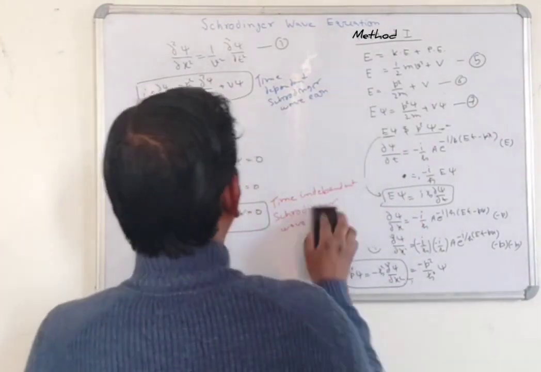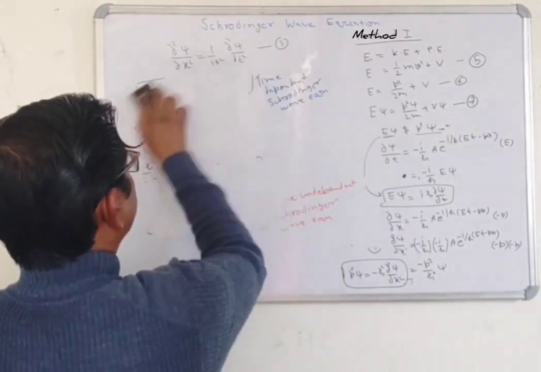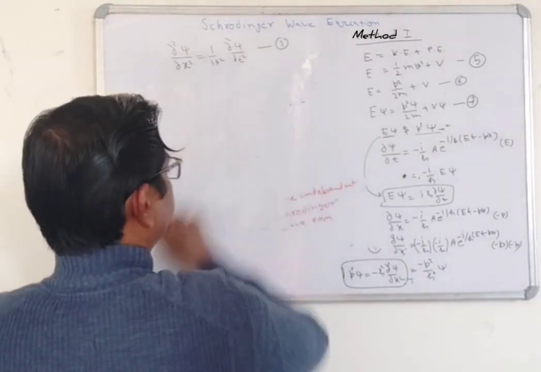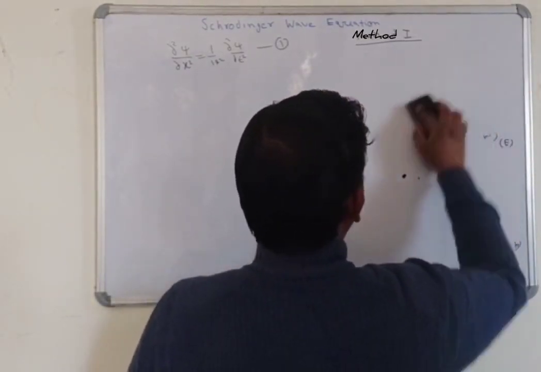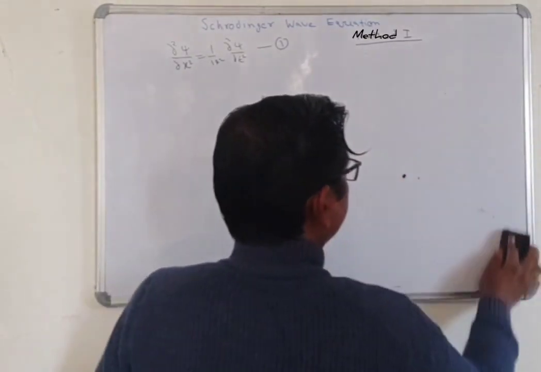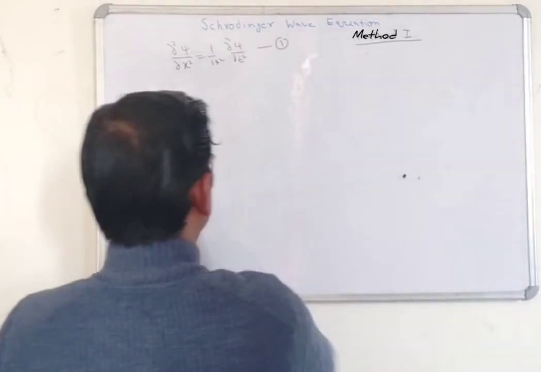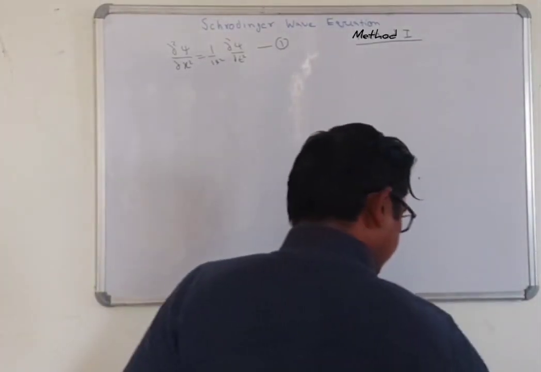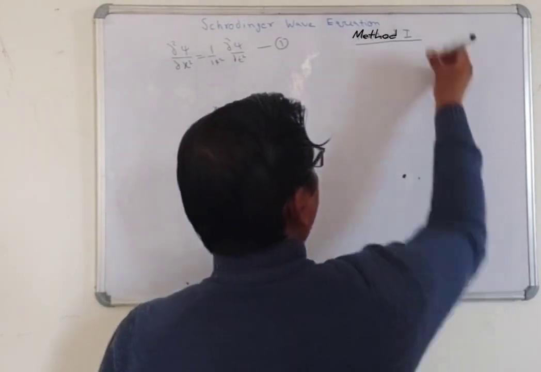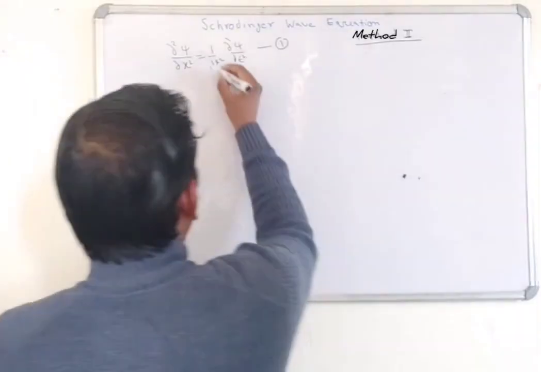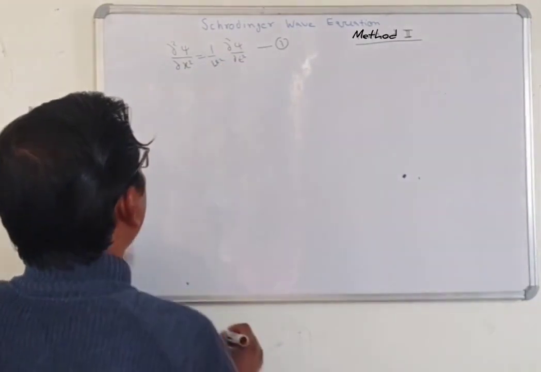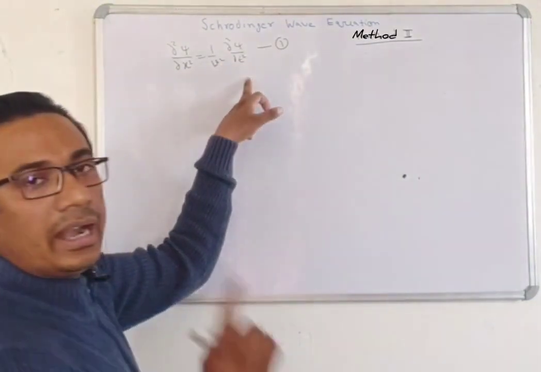Now in method 2, all of you know that this is the equation for a traveling wave.